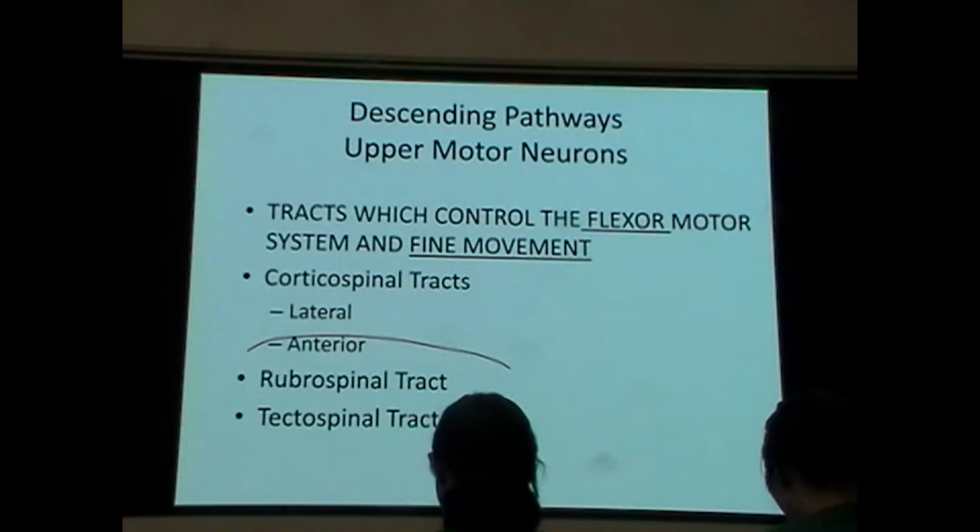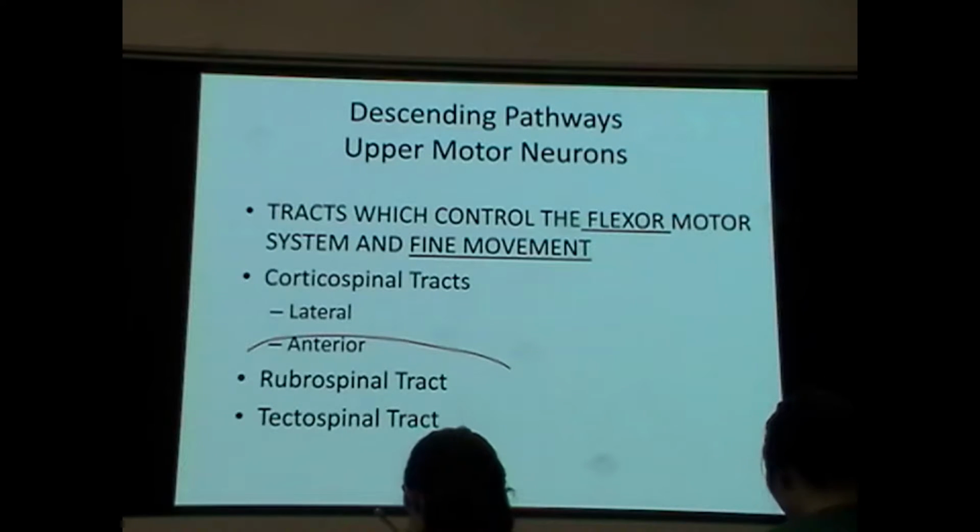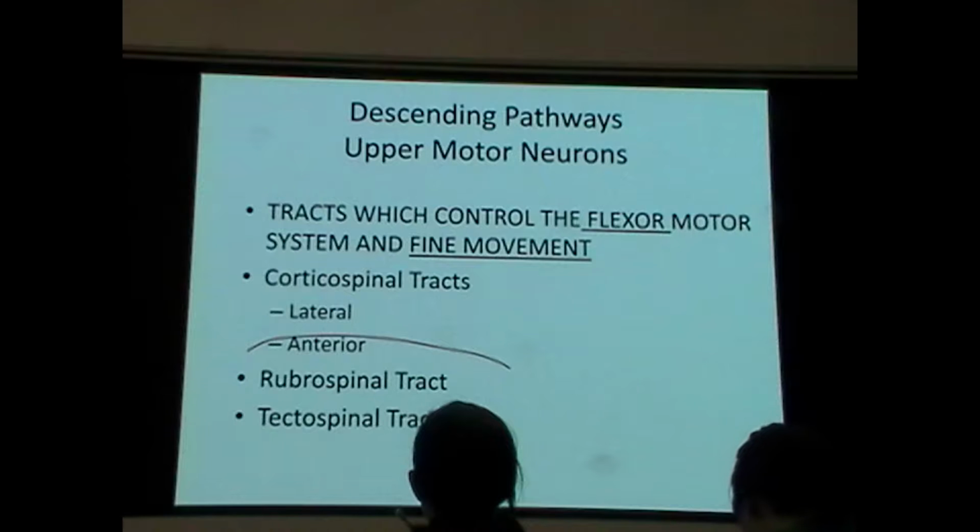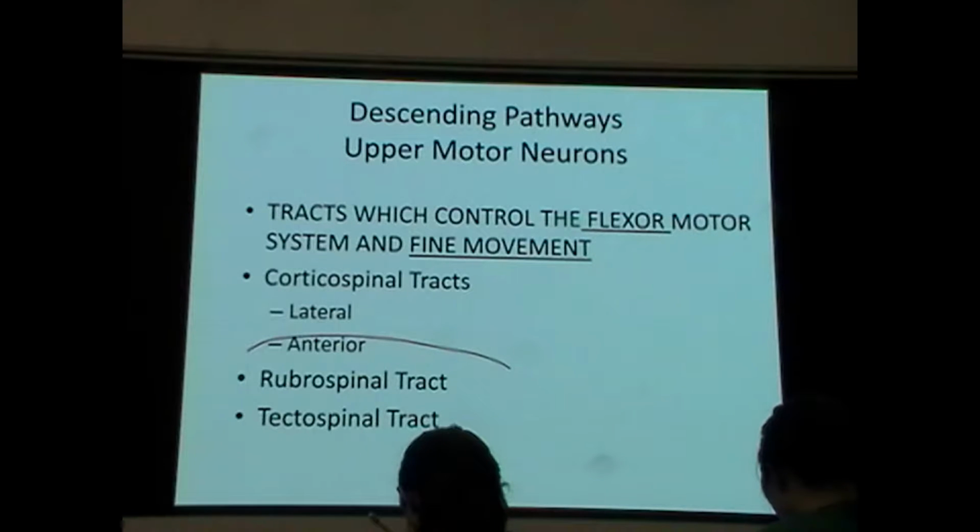Tectospinal, if you remember the spinal tectal system, this is associated with a group of nuclei that sit on the back of the midbrain. There are two on each side, so there are actually four of them. Those are called colliculi, but all together they're called corpora quadrigemina, four bodies.